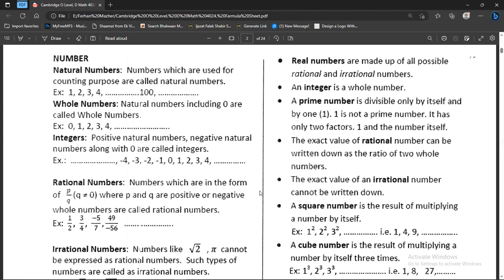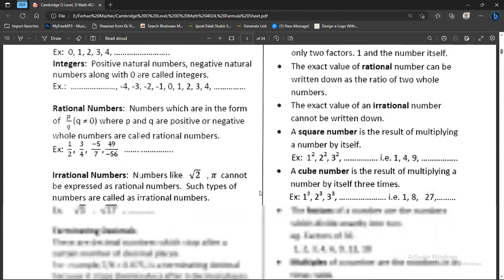Like 0.666666, that's a rational number. 1 by 3 is 0.3333. So 1 by 3, although it does not terminate after the decimal, is a non-terminating decimal fraction, but it has a certain pattern which is repeating. So that's why it's a rational number.